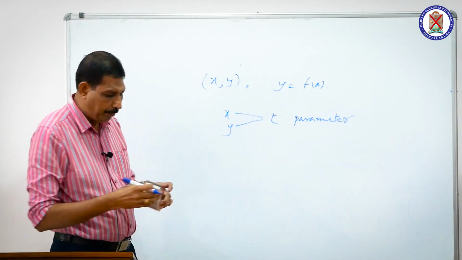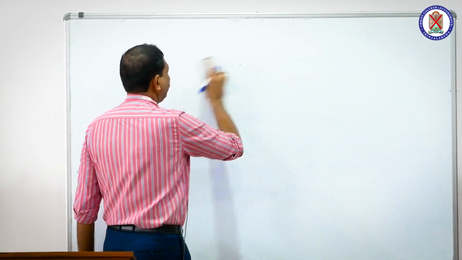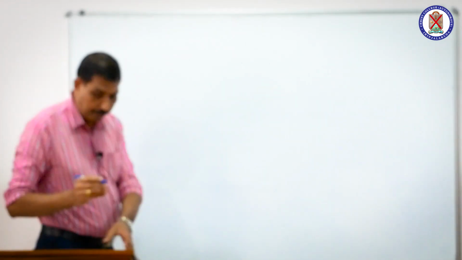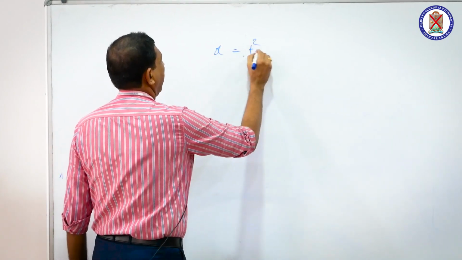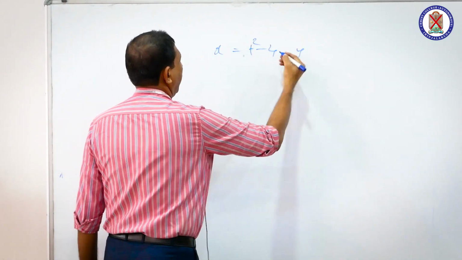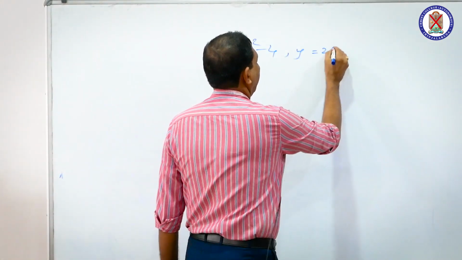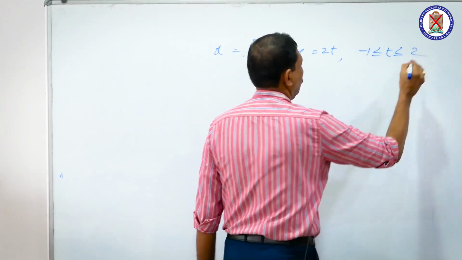For example, suppose you are asked to draw the curve with the parametric equation x equal to t square minus 4 and y equal to 2t, where minus 1 less than or equal to t less than or equal to 2.